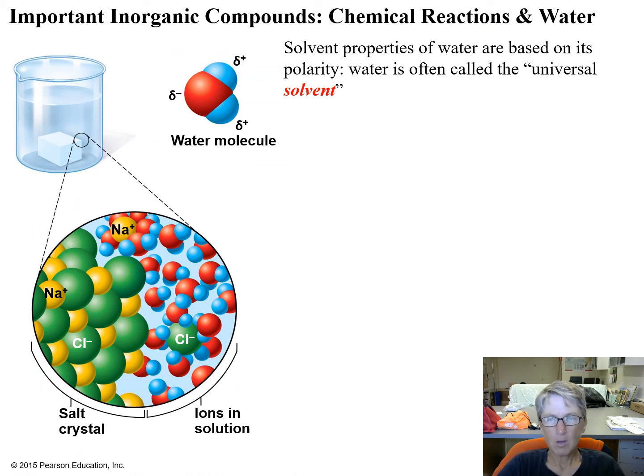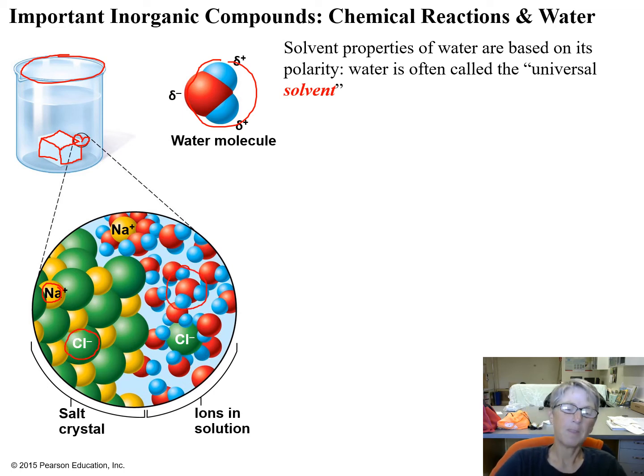Okay, chemical reactions and water. This is cool. So here's our beaker full of water. Here's our water molecule. And then here is a salt tablet, or a little salt rectangle, and that's sodium chloride, as you know. If you take this little piece here and blow it up, here's the sodium ion, and these big green balls are chloride ions. And here are the water molecules in solution.